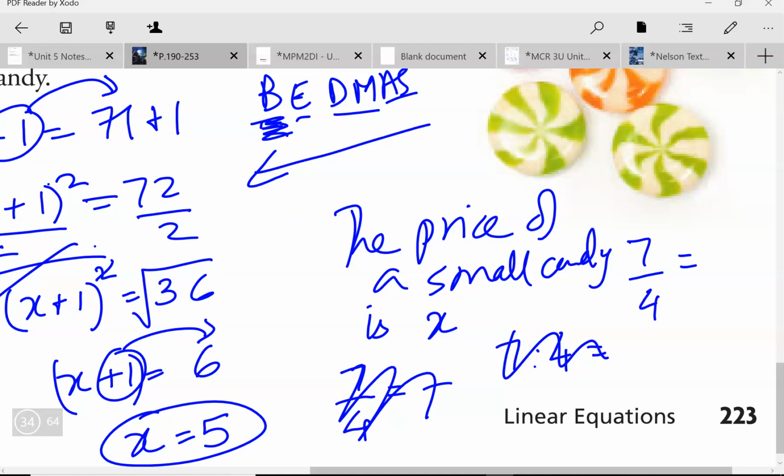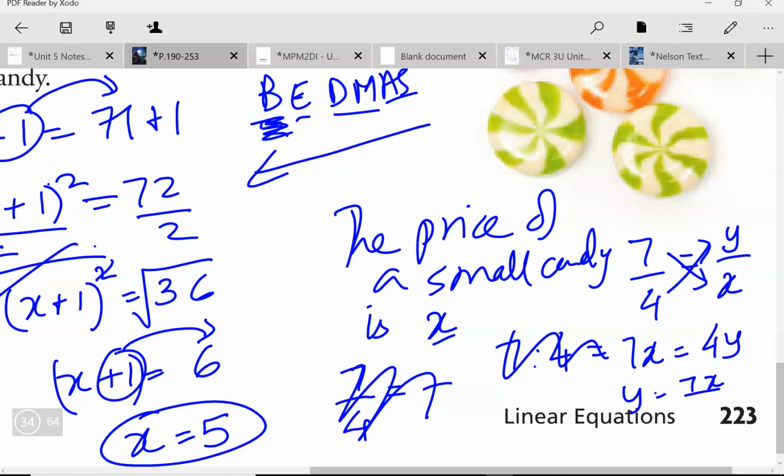The large candy let's take as y for the time being, since we don't know what that large candy price is. We know the small candy price is x. I'm going to do cross multiplication here, which gives me 7x equals 4y, and in fact y equals 7x divided by 4. So the price of my large candy here is 7x/4.